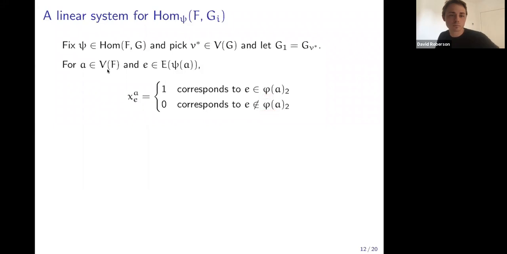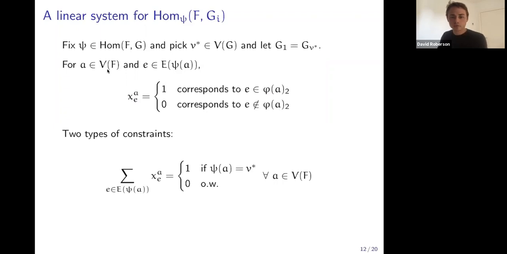So that's the correspondence between the variables in this linear system and how we construct the corresponding homomorphism. And there are just two types of constraints. The first constraint is saying that the choice of the second coordinate is valid. Remember, in some cases the second coordinate had odd parity, and in some cases even parity.